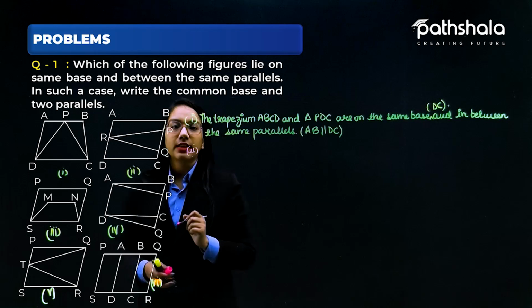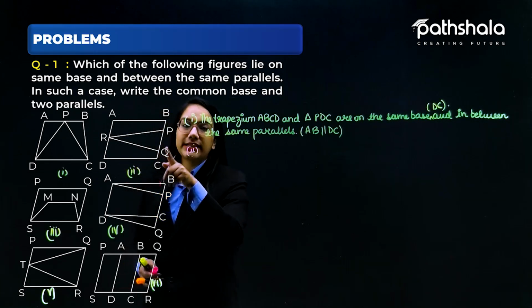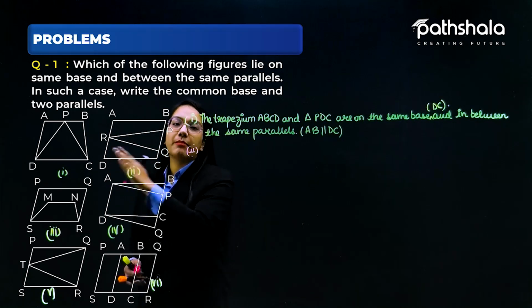In the second figure we can see that we have a triangle and a parallelogram. They are not on the same base but they are lying in between the same parallels.